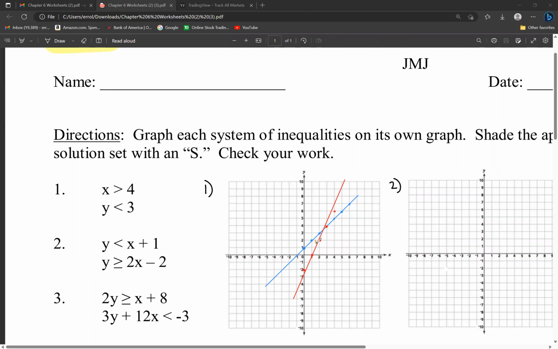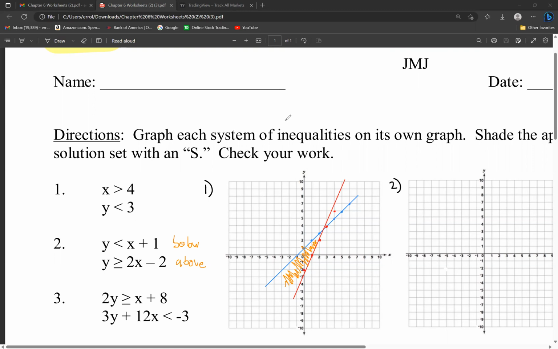So it's this part right here. The blue one, we want to be below this line and above this line. So in between, like you said. Make sense? Yeah.